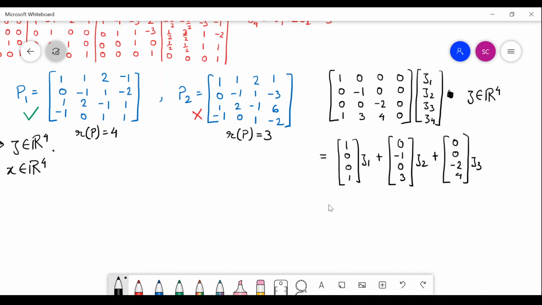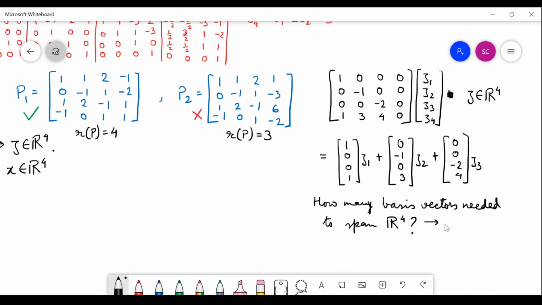Now the question is this: how many basis vectors are needed to span R4?